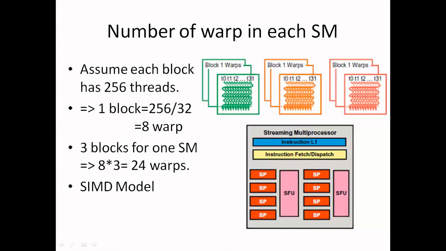Do we need thread scheduling in each warp? Actually, not that much required. One warp is 32 threads which are executing at the same time. All the streaming processors are executing the same instruction, only the data is different.